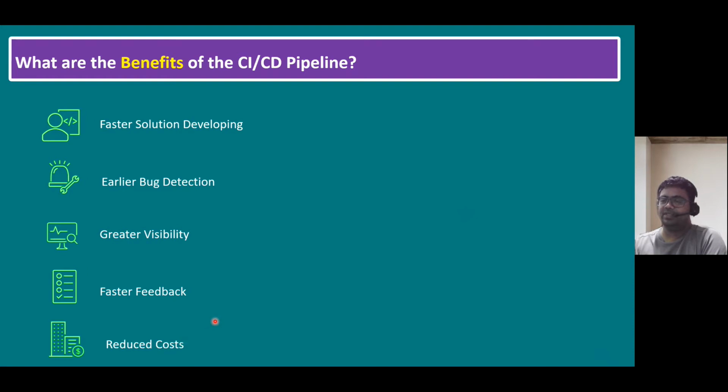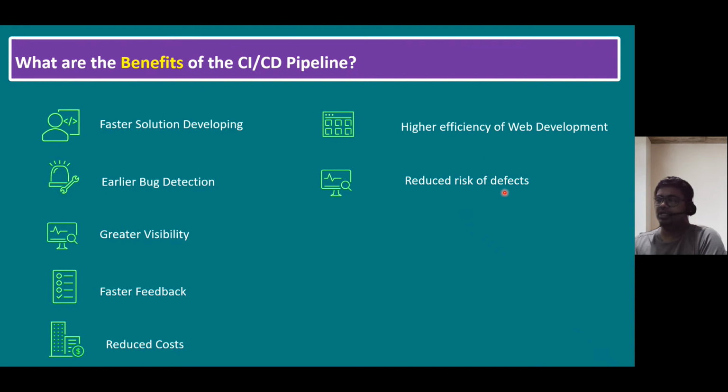The cost is also reduced. Definitely the operational expenditure, opex cost, will be reduced when we enhance our automation. There is also higher efficiency of web development, reduced risk of defects, and faster product delivery.